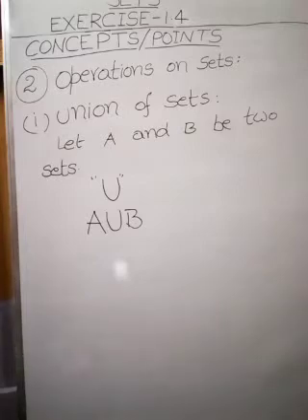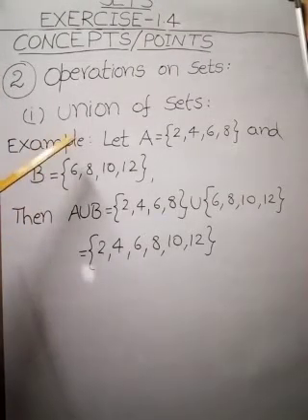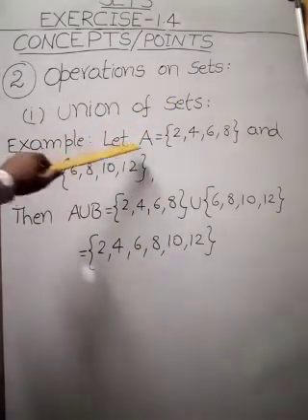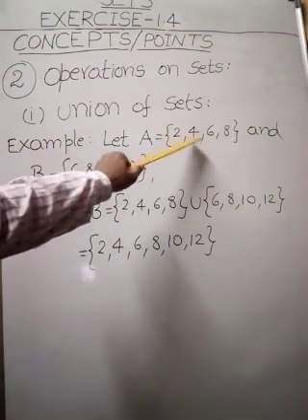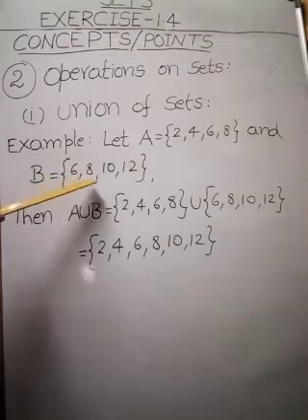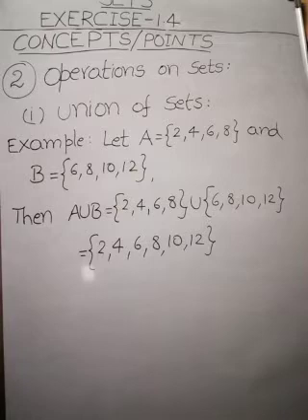Now let us take an example to understand the union of two sets A and B. Okay, my dear children? Right. See here, let A be the set {2, 4, 6, 8} and B be the set {6, 8, 10, 12}. These are the given two sets. We are finding the union of these two sets.